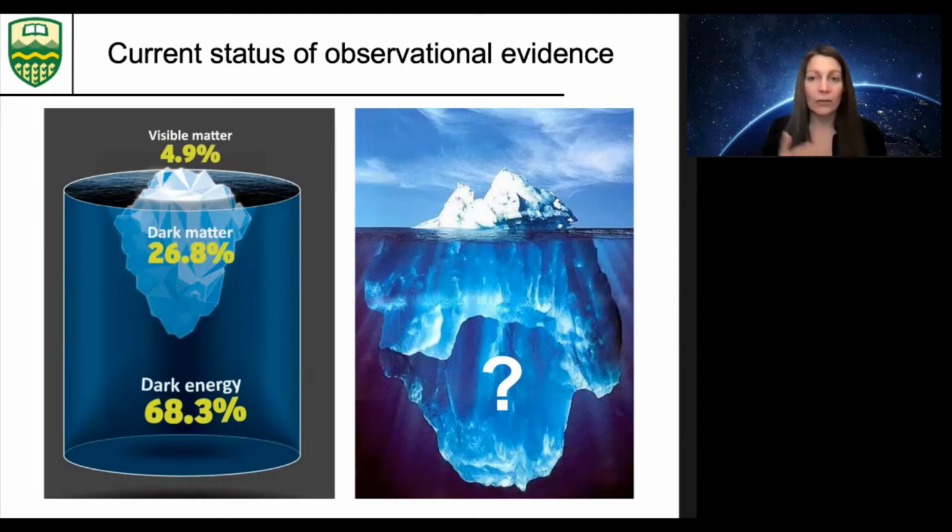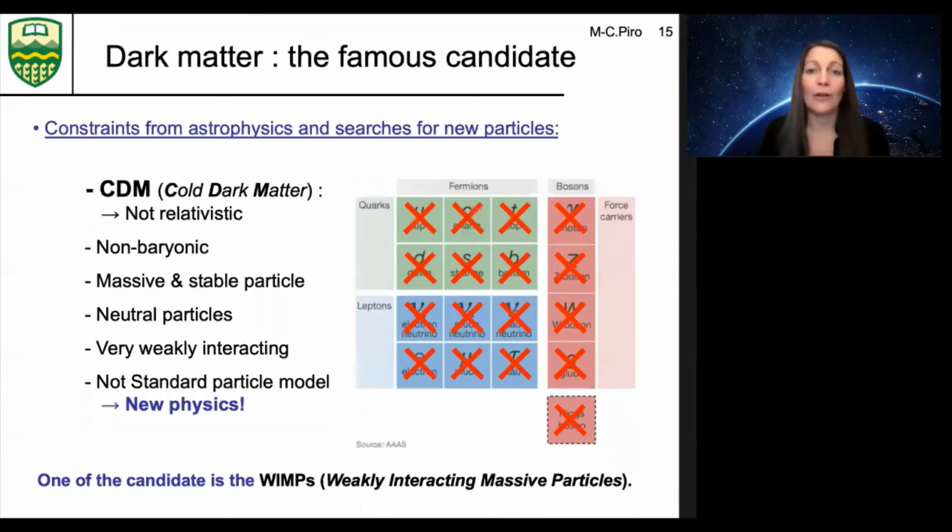Thanks to astronomical and cosmological observations, we were able to build an identity card of what could be dark matter. And what is clear is that it's not visible matter. It's not something that we know. It's not a particle of the standard model, not a fermion, not a boson.